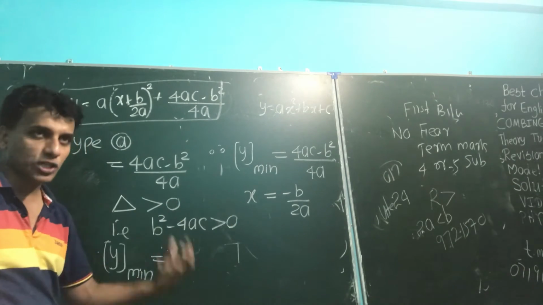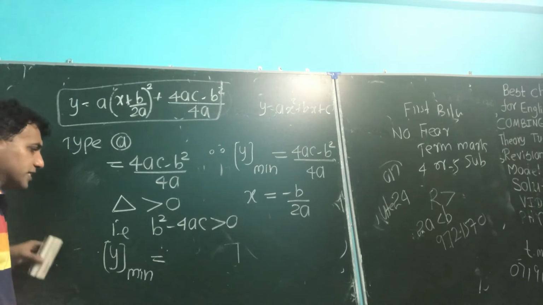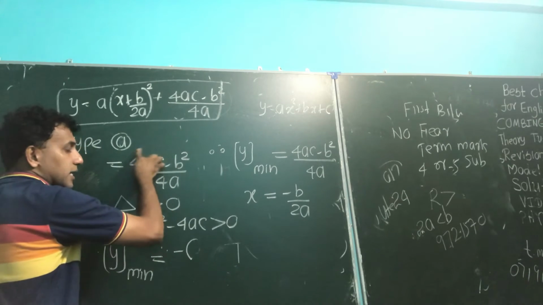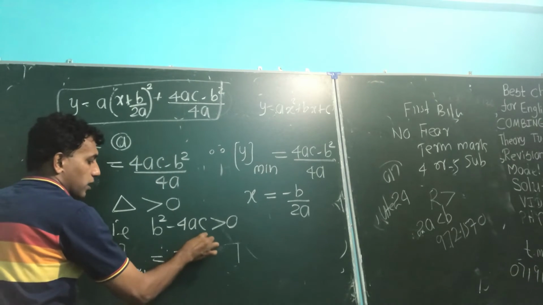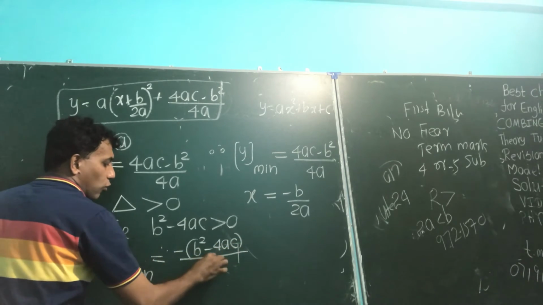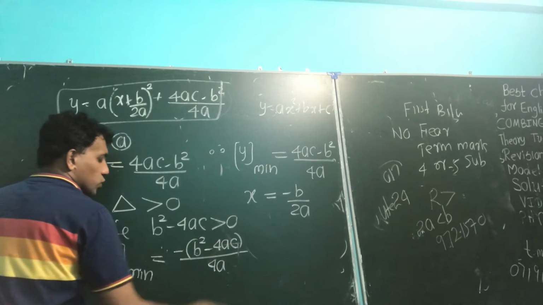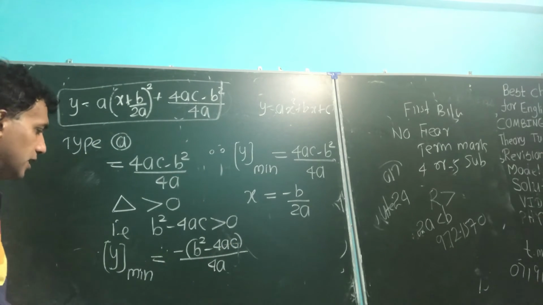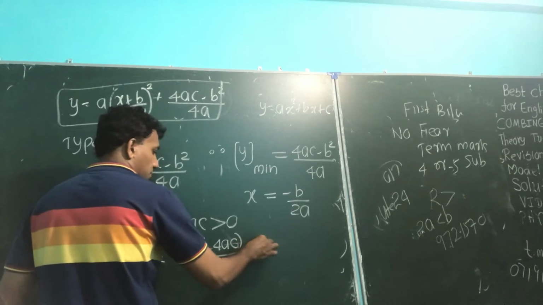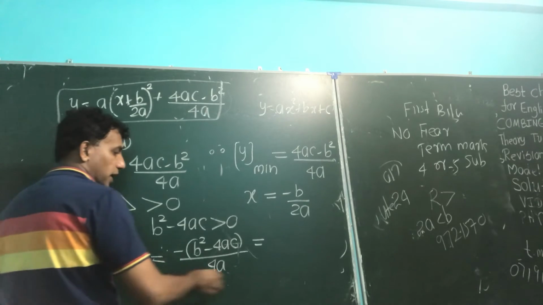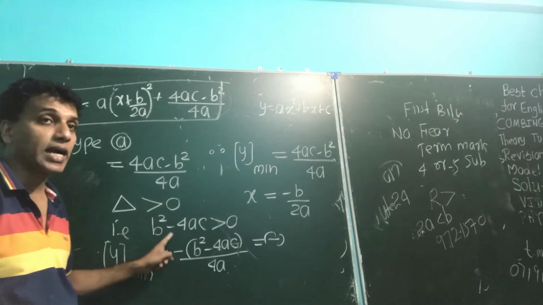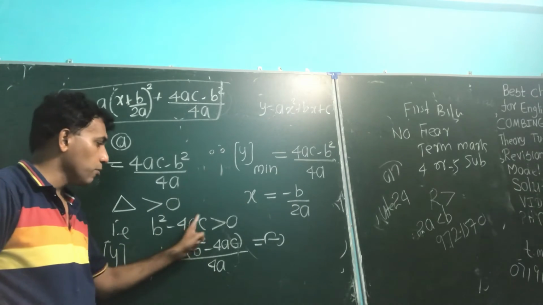For an easy method I can take a minus out and write minus b square minus 4ac over 4a. I take a minus out, right? Now try to put the symbol. Outside negative. What is b square minus 4ac? Delta, discriminant. Positive, more than 0.